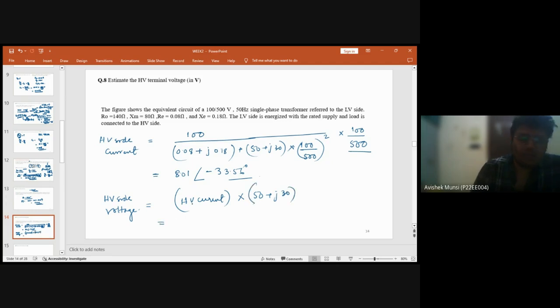If you multiply it, and here you have an angle, so it will be like 8.01 minus j 8.01 with an angle of this. So I have to calculate it this way. So the final answer will be, is it correct? Is it the same with you all?